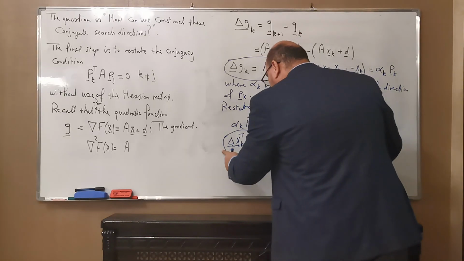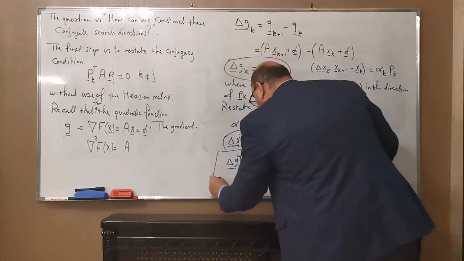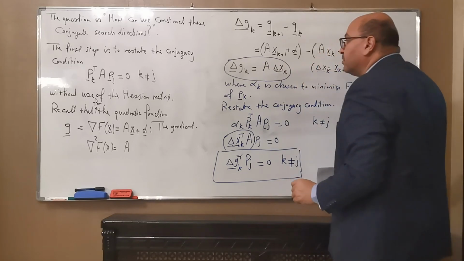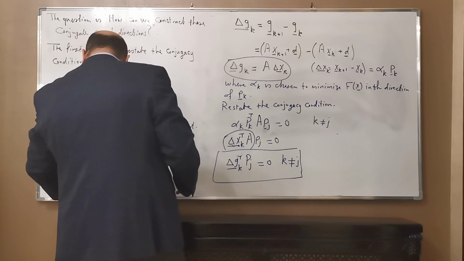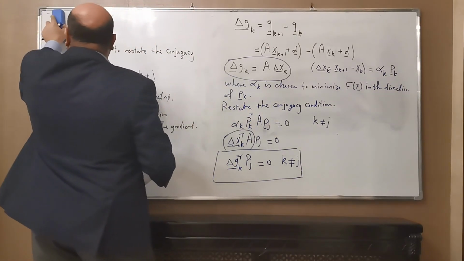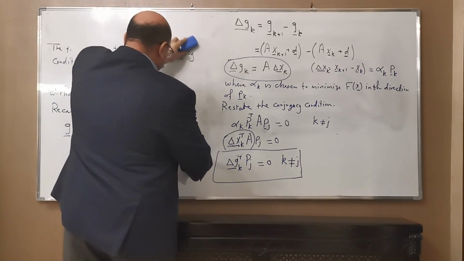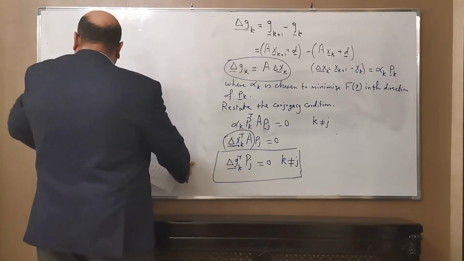So if you notice in this equation, you no longer need the Hessian to calculate the conjugacy. So we replace the Hessian by the difference of the gradients.